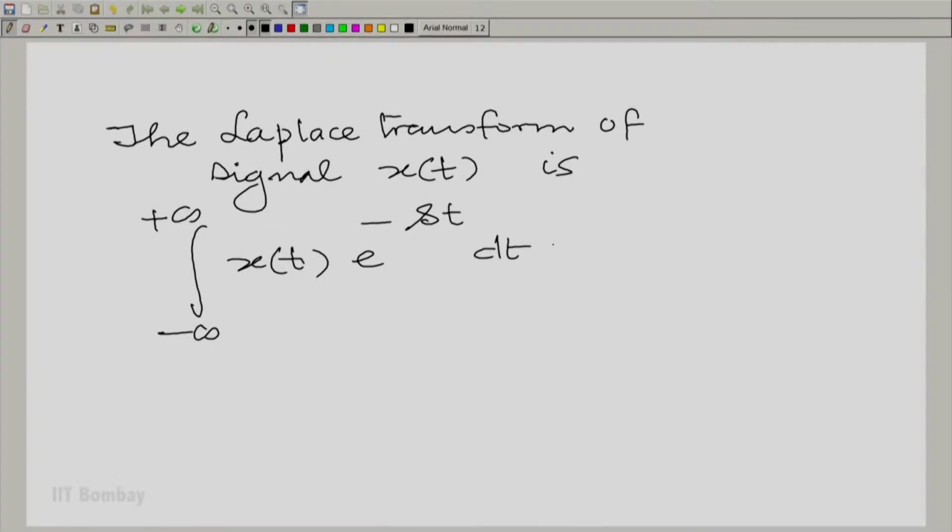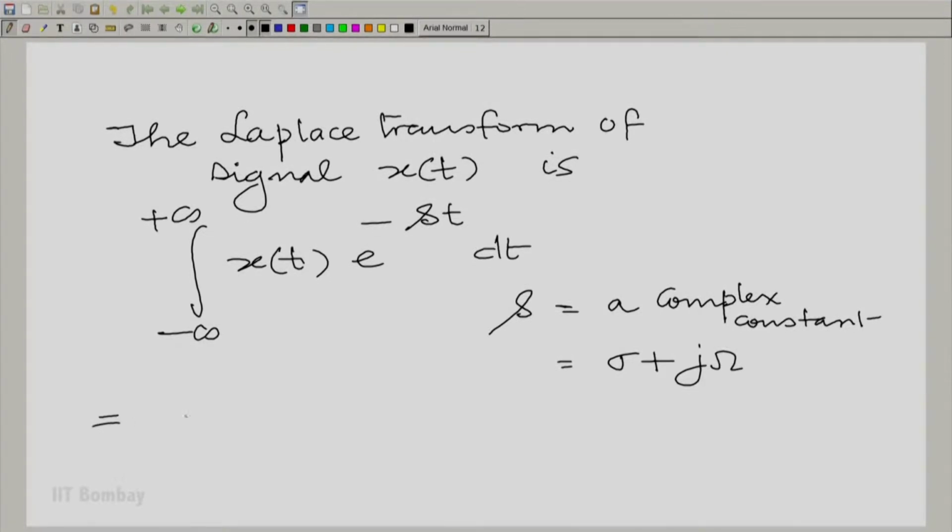So, the Laplace transform of a signal x t is given by the integral over all time of x t multiplied by e raised to the power minus s t dt, where s is a complex constant, and we saw that s could be written as sigma plus j omega. So, s is a complex constant expanded as sigma plus j omega, and then we could interpret this.